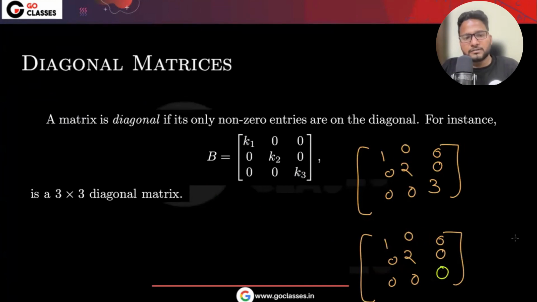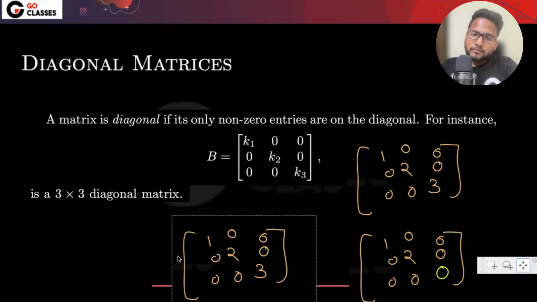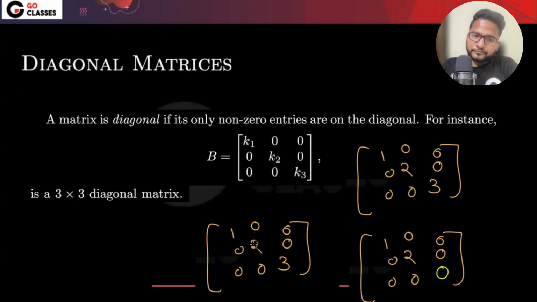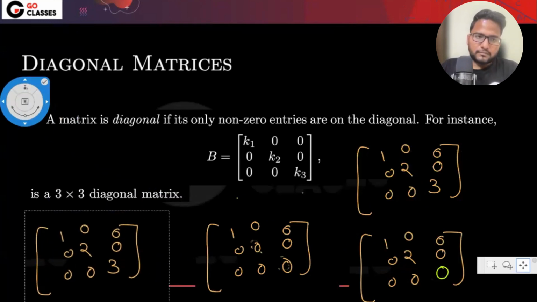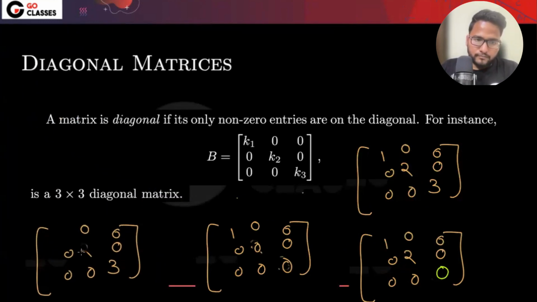Is this a diagonal matrix? Yes, right? What about this? I have zero at both the places. Is this a diagonal matrix? Yes, right? Just a last one. What about this? Zero, basically zero at the diagonal.